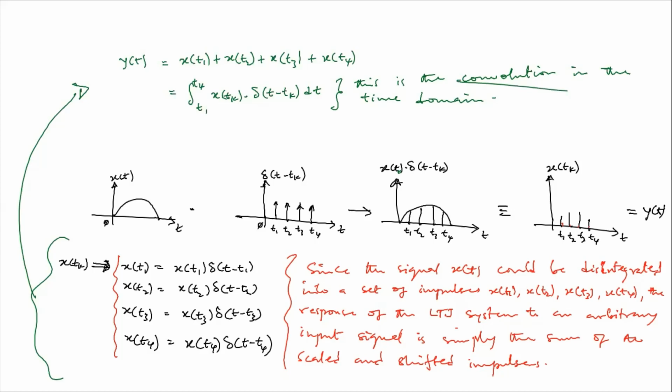Hence, the convolution is the sum of the scaled and shifted components. Okay? This is the scaled component, then this is the shifted. So, we can therefore generalize based on these deductions.